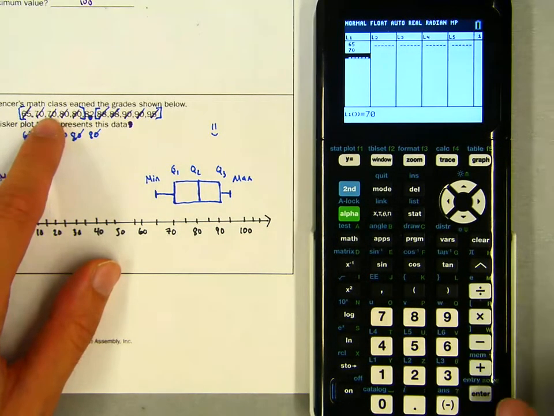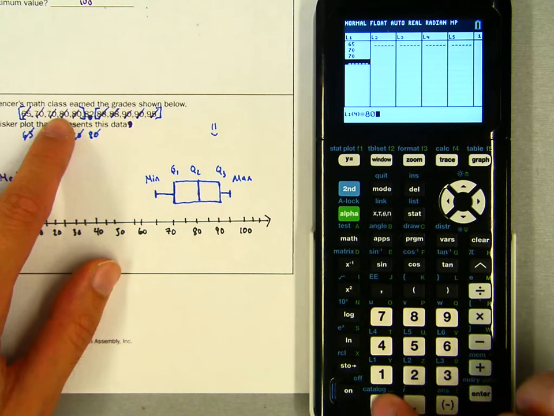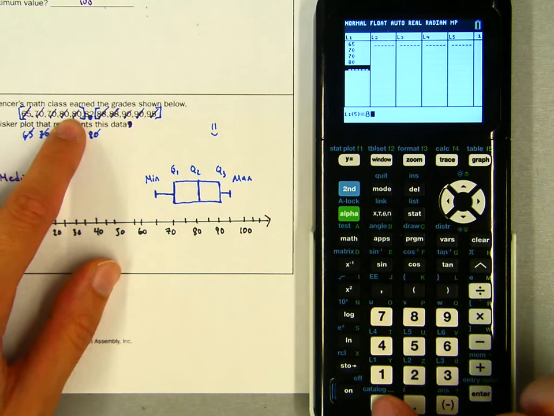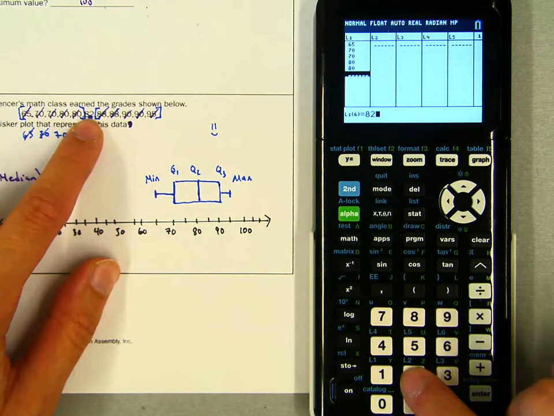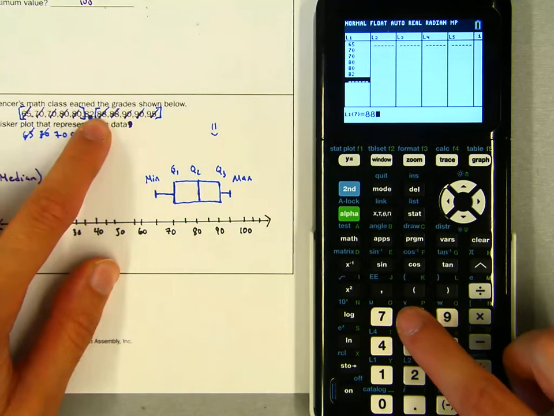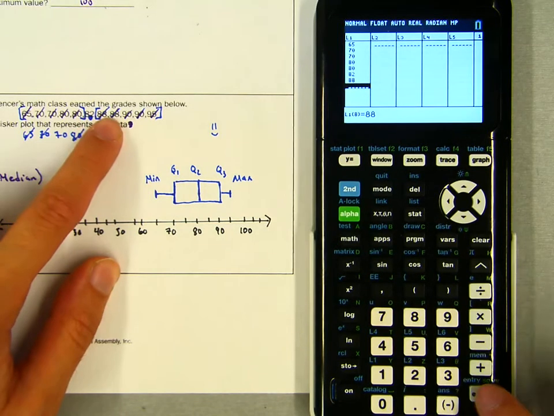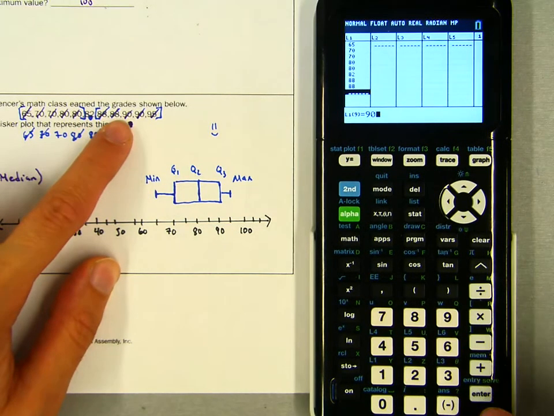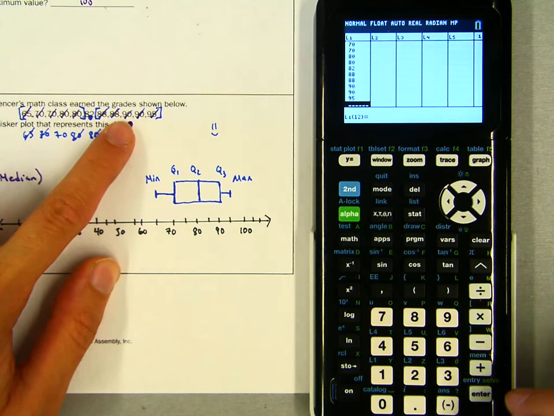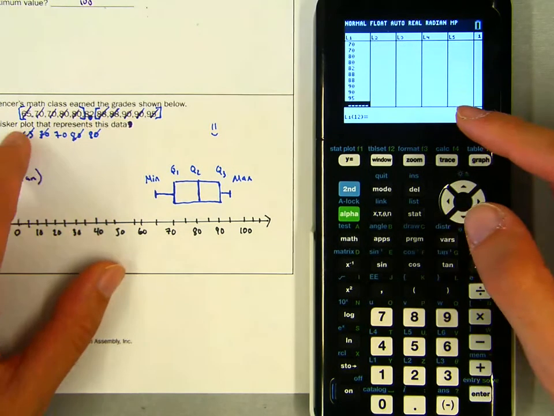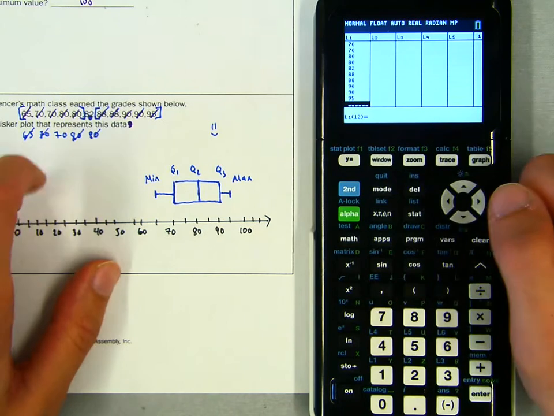Another 70, enter. 80, enter. 80, enter. 82, enter. 88, another 88, a 90, another 90, and a 95. Now all of these data values are in the calculator.